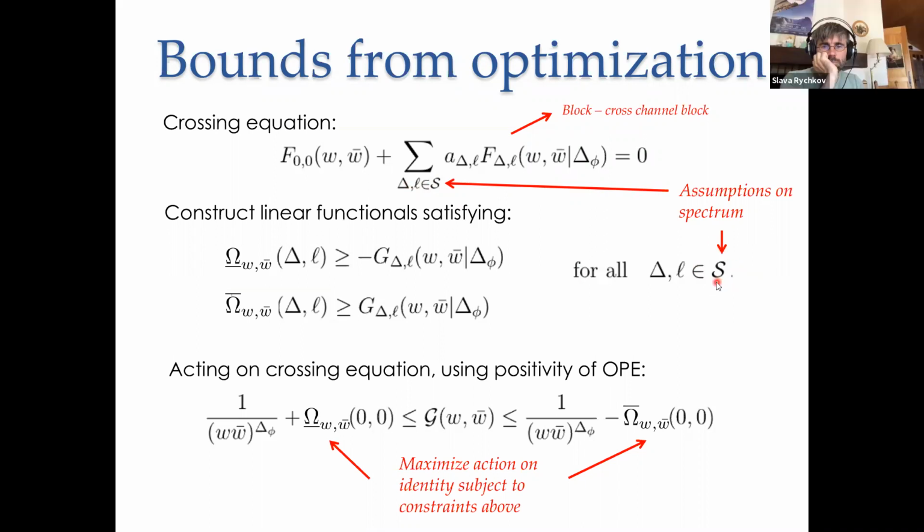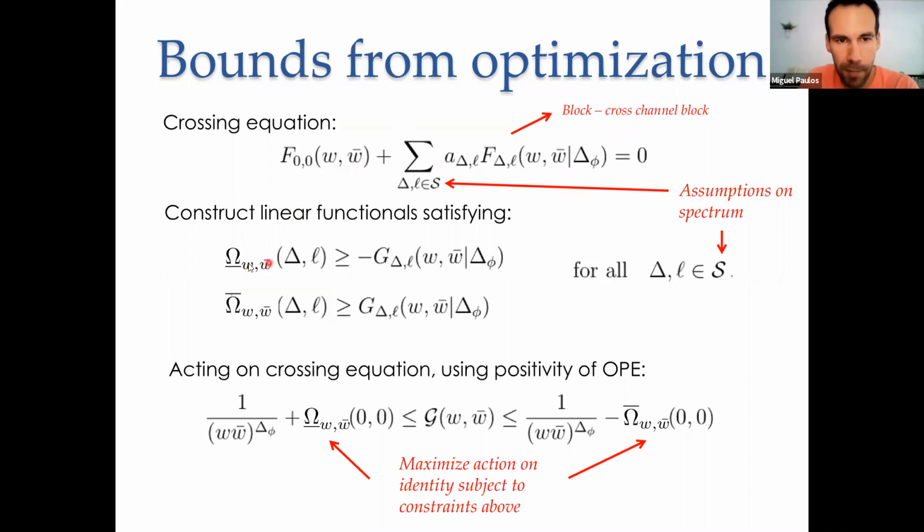Now if we want to get a bound on the value of the correlator, we can do it as follows. Suppose that we have linear functionals that will act on this equation with the following properties. These linear functionals are labeled by some parameters, W and W bar. I apologize, it might be a bit confusing: these are really parameters, whereas here they were variables for the crossing equation.